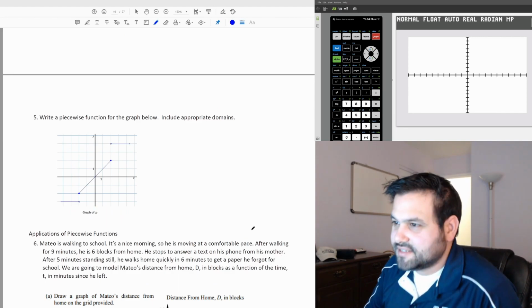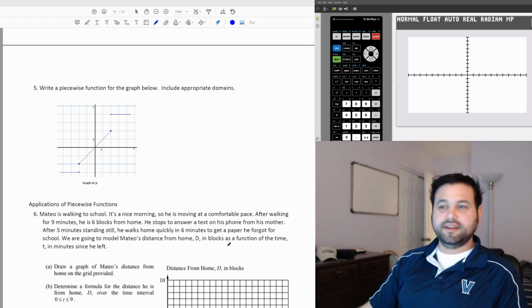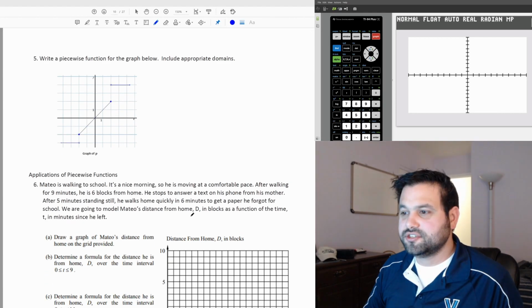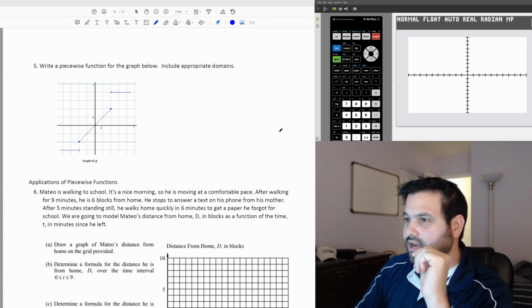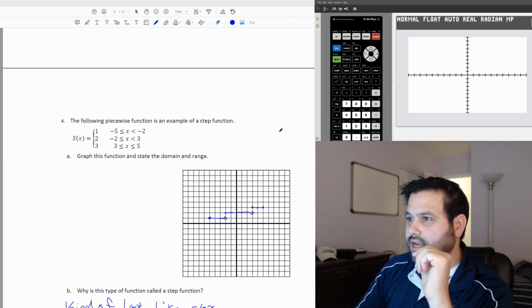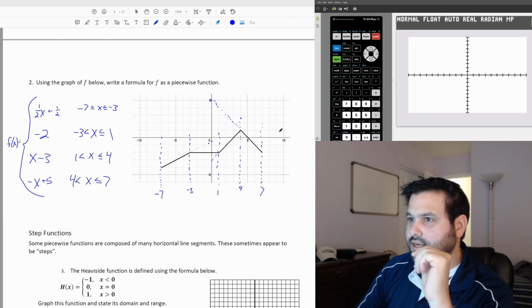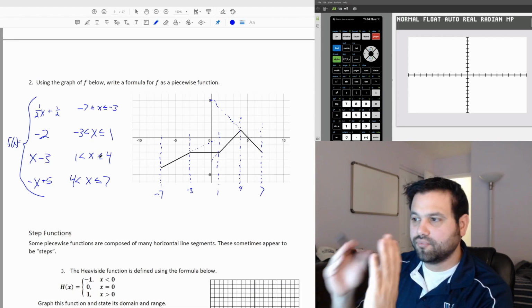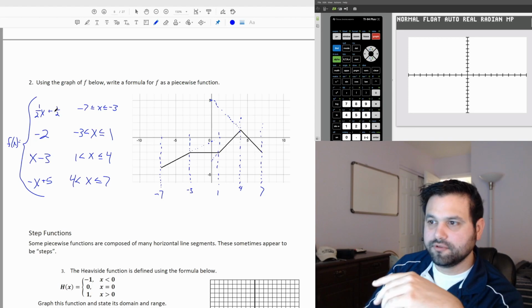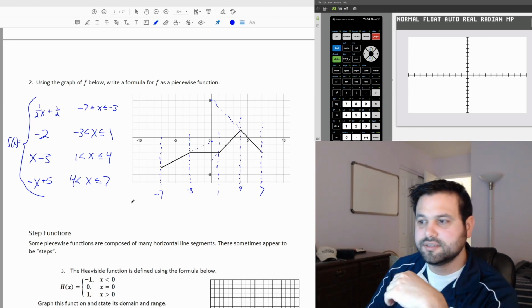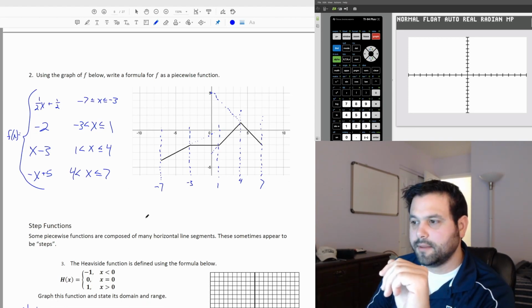Next, some practice. Let's practice writing a piecewise function. So I would probably have you guys pause the video here. See if you can do what I did back here on question 2, where I kind of broke the function up, figured out the rule for each piece, the domain for each piece, and wrote the whole piecewise function, okay?